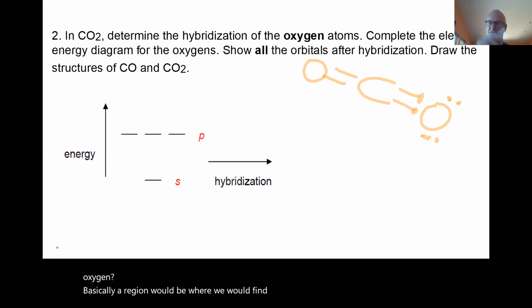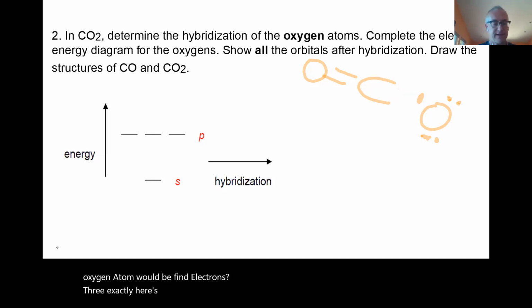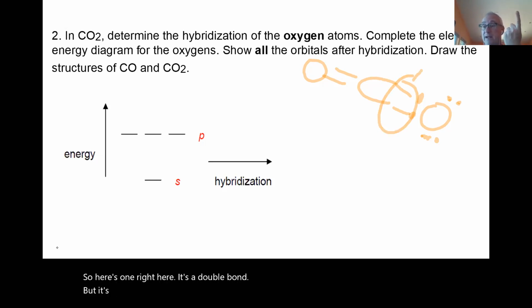So how many places around the oxygen atom would we find electrons? 3. 3, exactly. Here's 1 right here. It's a double bond, but it's one region where we're going to find electrons.